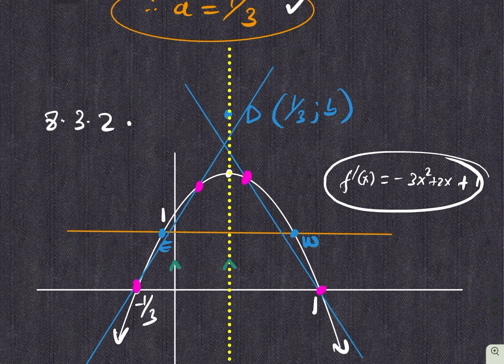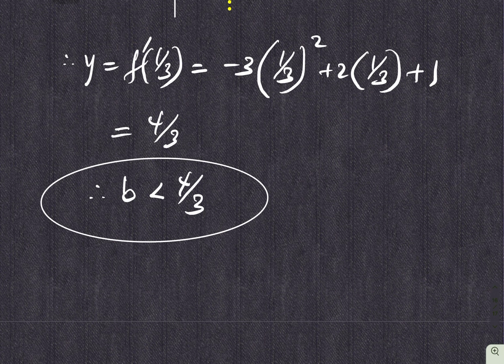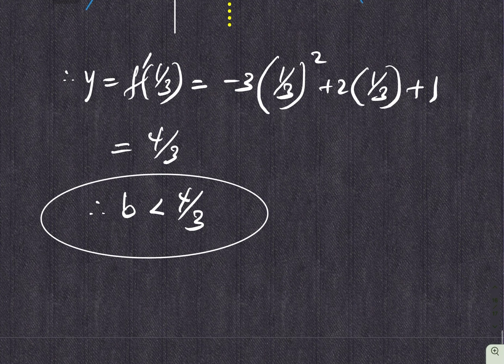The moment you go less than that y value of the turning point of f prime, that's when these guys are no longer going to be a tangent. Therefore, b should be less than 4 over 3. That's how I will work it out. And where do you get the marks? You get the marks there, and for substituting into that equation, that makes it 2 marks.